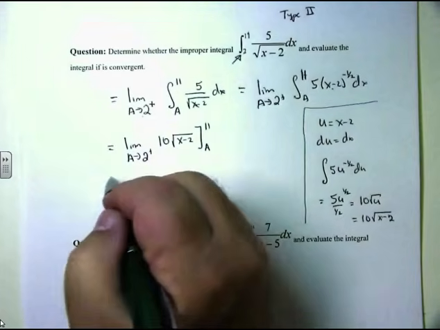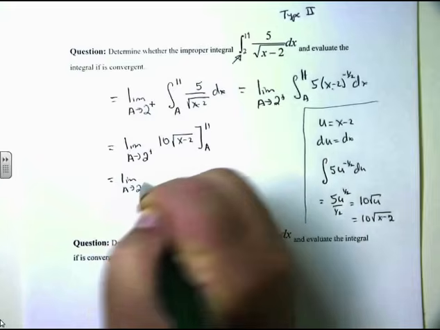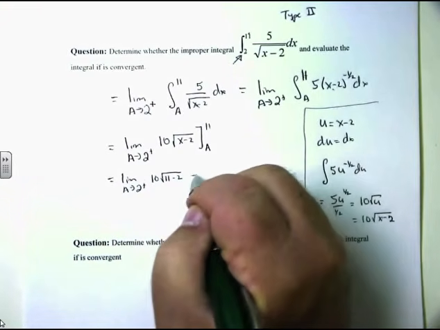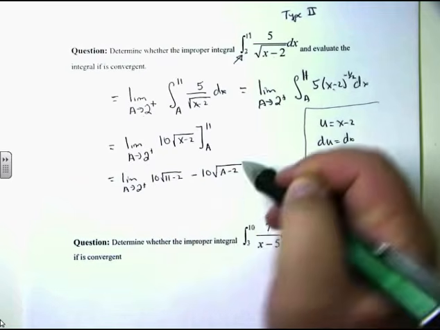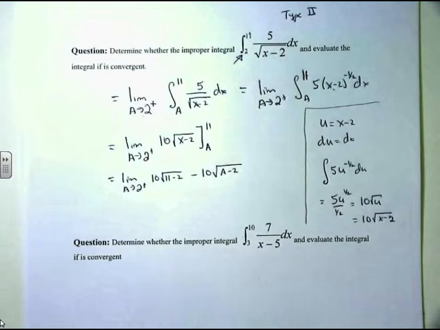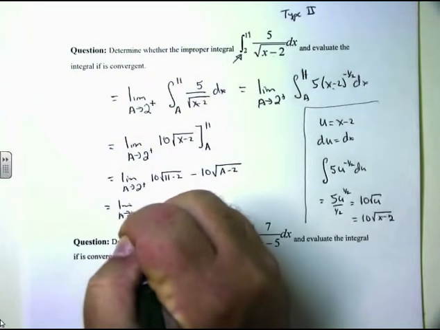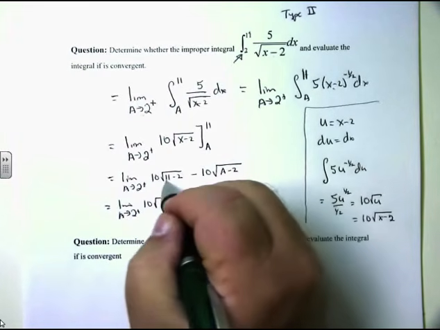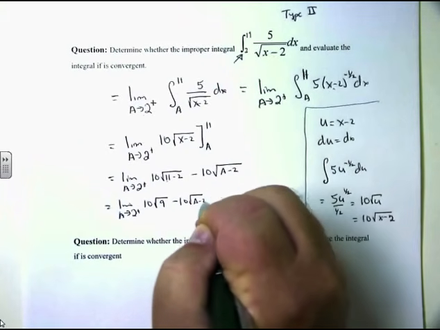Well, according to the fundamental theorem of calculus, I will plug in top, the limit as a approaches 2 from the plus side of 10 square root of 11 minus 2, minus, plug in bottom, 10 square root of a minus 2. Cleaning them up, this is the limit as a approaches 2 from the plus side of 10 square root of 11 minus 2, which is 9, minus 10 square root of a minus 2.